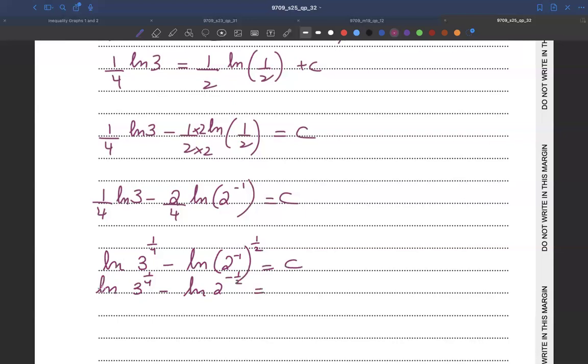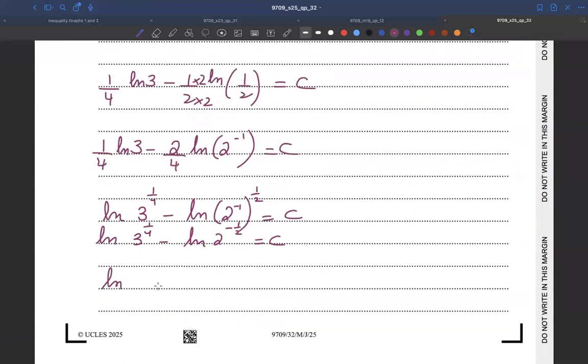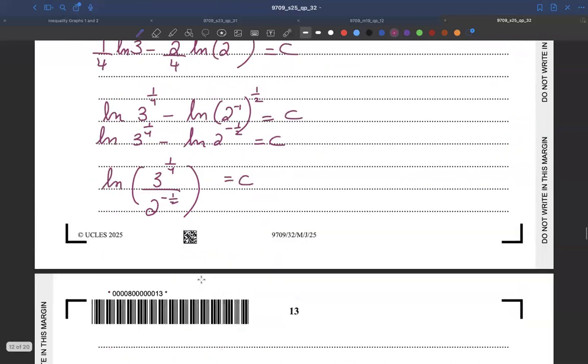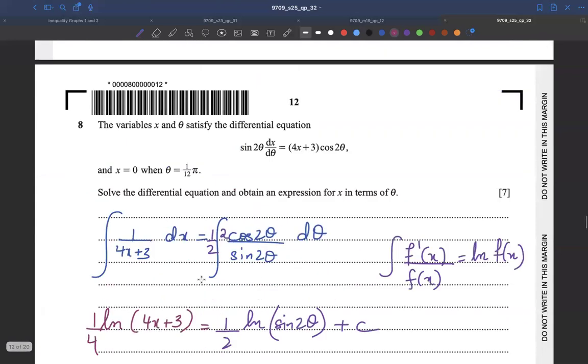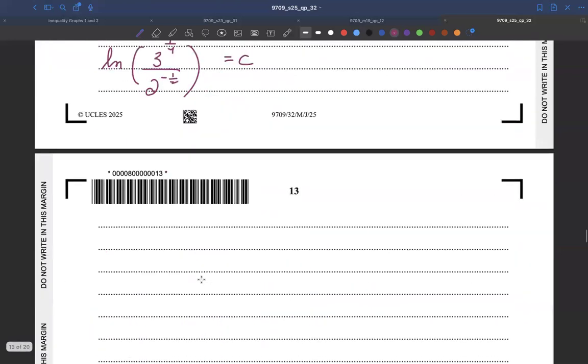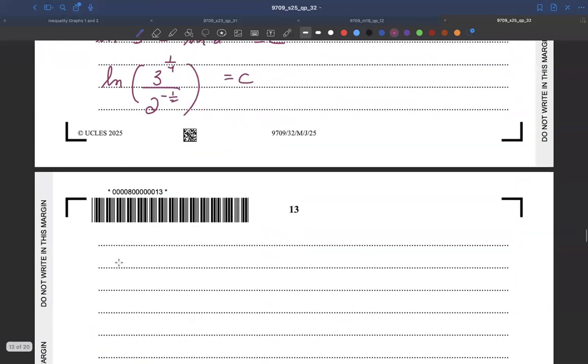And as they're dividing, I can write it as ln of 3 power 1 upon 4 divided by 2 power minus 1 upon 2. 2 power minus 1 upon 2 can come up in the numerator as well. It's getting quite lengthy, but we have space over here. So we can simplify the value of c and write it as c is equals to ln of 3 power 1 upon 4 into 2 power 1 upon 2.